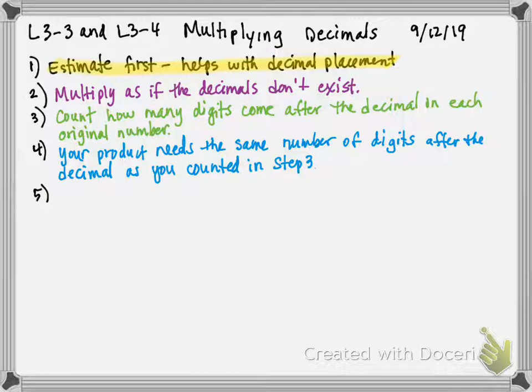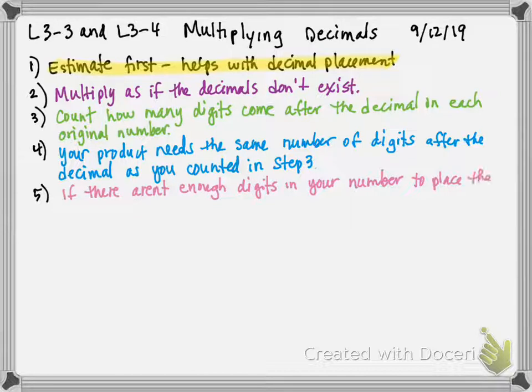Okay, well, I'm here to tell you. If there are not enough digits in your number to place the decimal in its correct position, annex zeros.